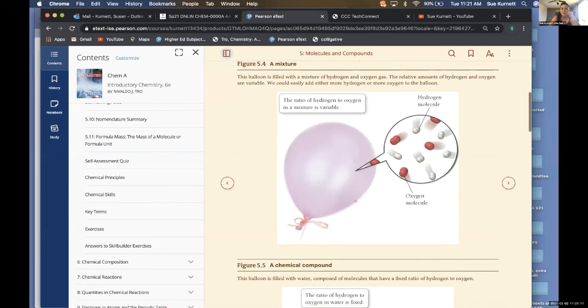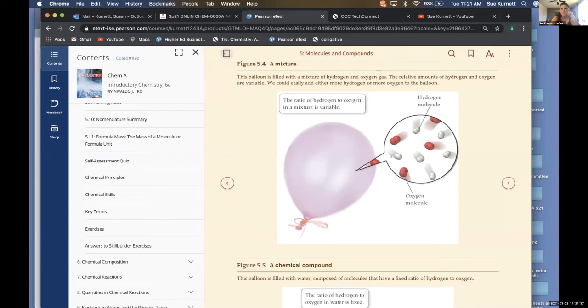And then they talk about molecules. And here we have some hydrogen, which is white, and some oxygen, which is red. I want to point out that hydrogen and oxygen are elements, but the way they're showing it here, they're representing it with 2 oxygens to form a molecule, 2 hydrogens to form a molecule. The reason is because those elements are diatomic.